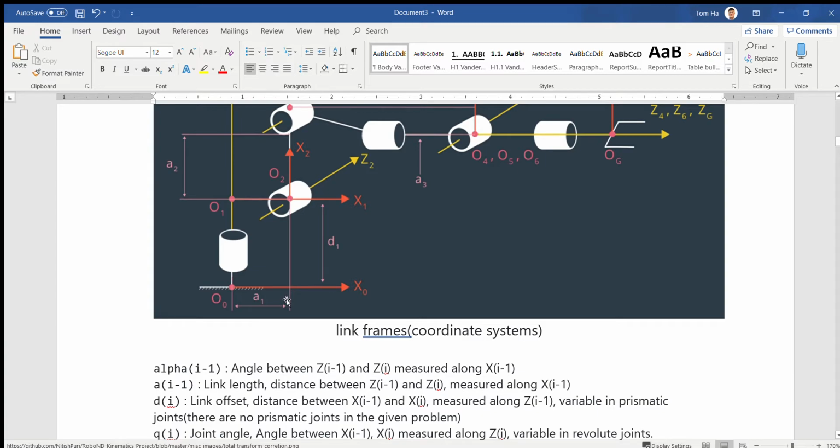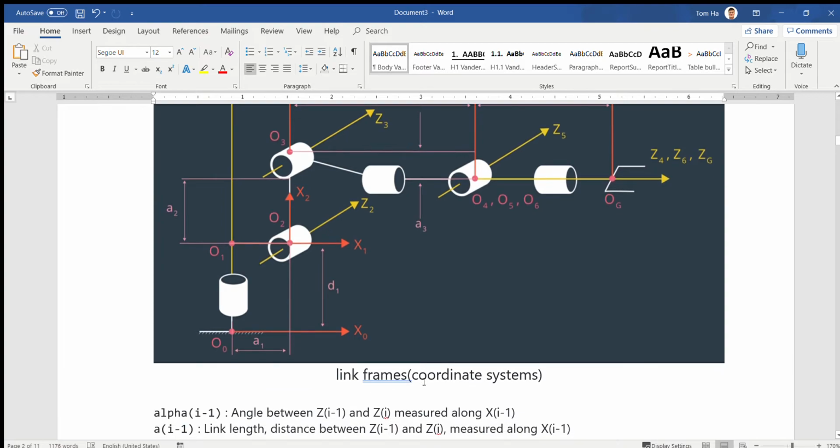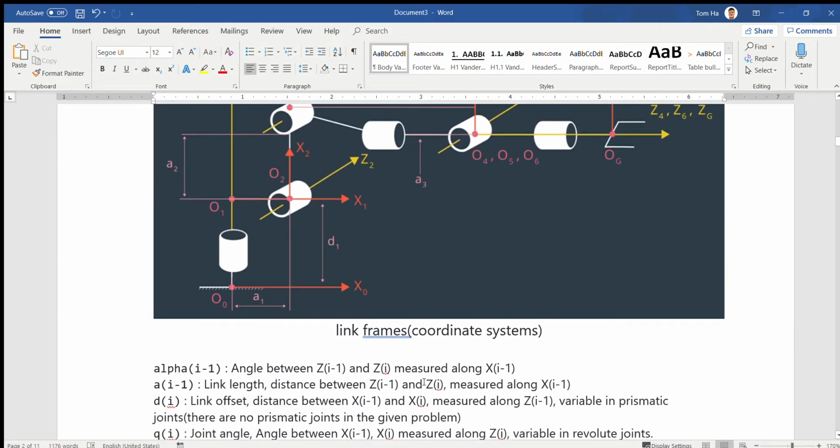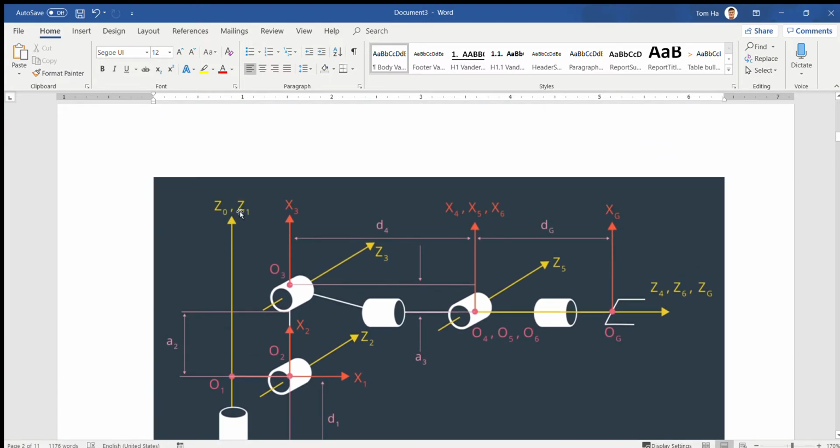It means A1 is from the Z0 to Z1, but measured along S. Right here A1 is equal to 0 because Z1 and Z2 match together.